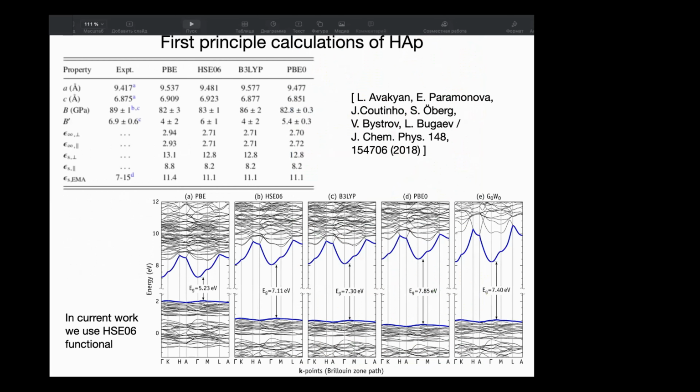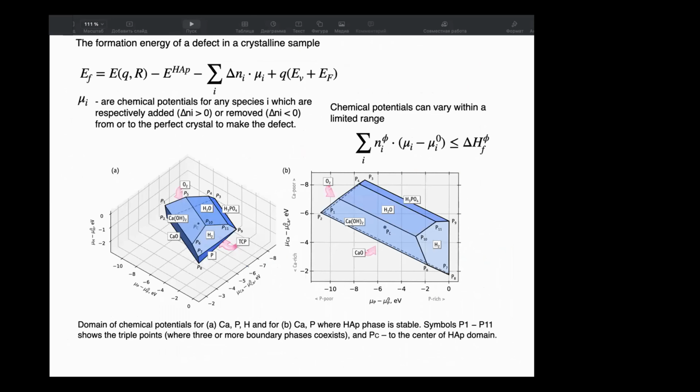In previous work, tests were done on methods. We showed that the use of hybrid density functional theory with HSE will be good. In the current work, we use the HSE functional realized in Quantum Espresso.